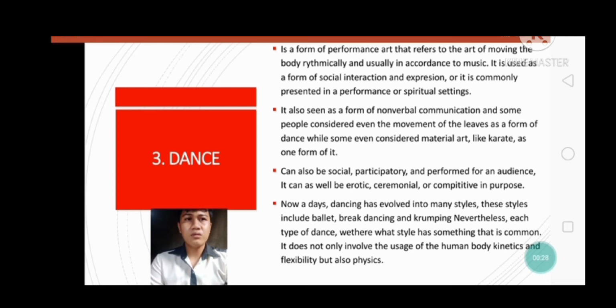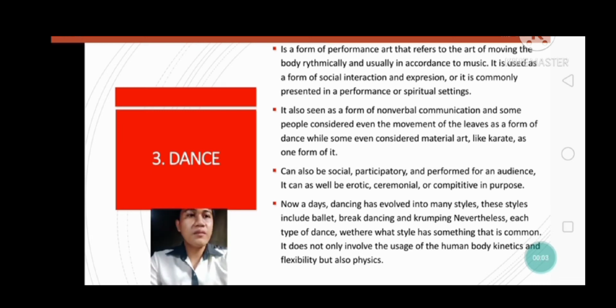Some people consider even the movement of limbs as a form of dance, while some even consider martial arts like karate as one of it. It can also be social, participatory, and performed for an audience. It can as well be erotic, ceremonial, or competitive in purpose.